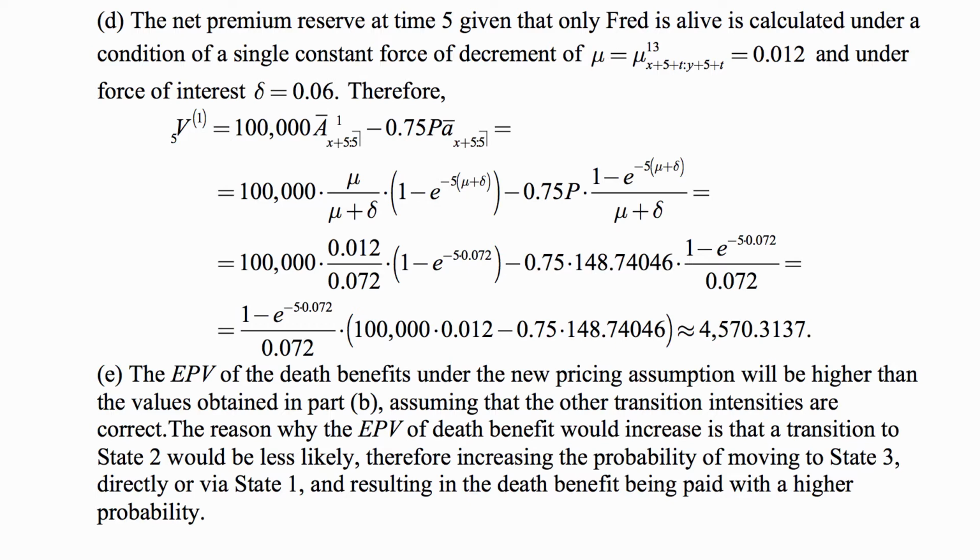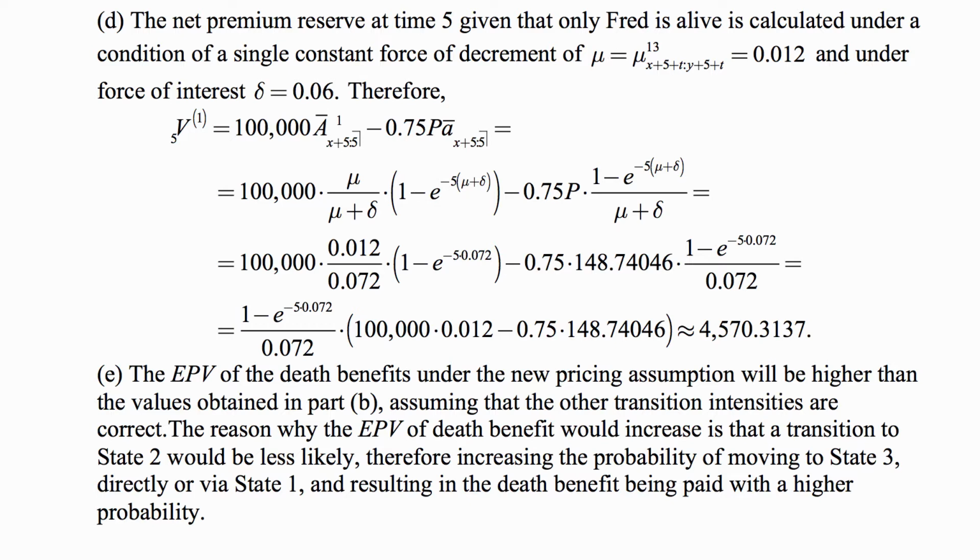And the reserve is 100,000 times a bar x plus 5 colon angle 5 with 1 above the x plus 5, so term insurance, present value of future benefits, minus present value of future premiums, which is 0.75 P times a bar x plus 5 colon angle 5. All this under constant force of mortality and interest.